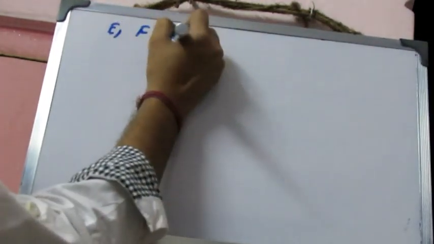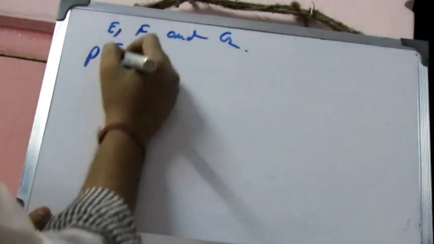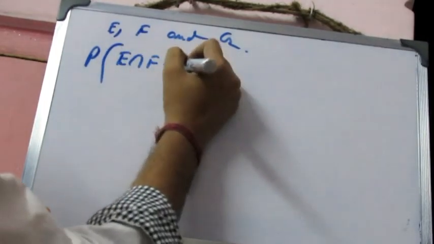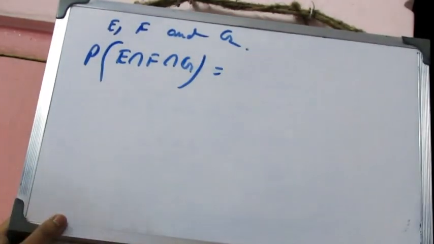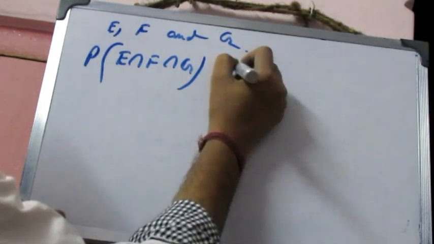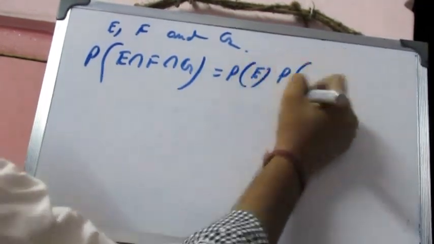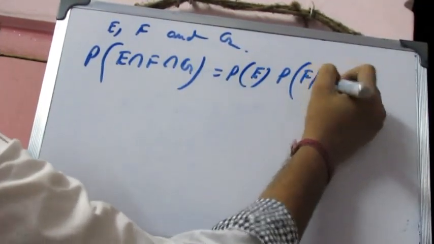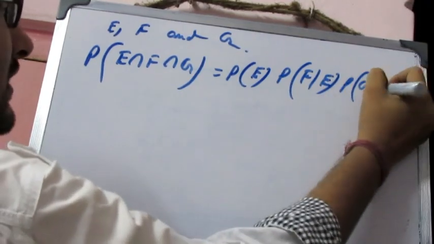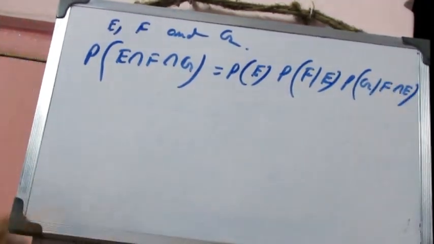Let E, F and G be 3 events of a sample space S connected to a random experiment R. Then by the multiplication theorem, the probability of E intersection F intersection G will be the probability of E times the probability of F given E and the probability of G given F intersection E. This is for 3 events.